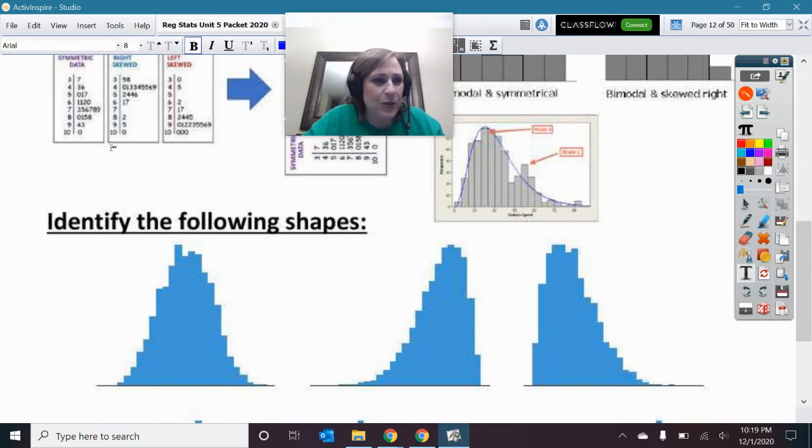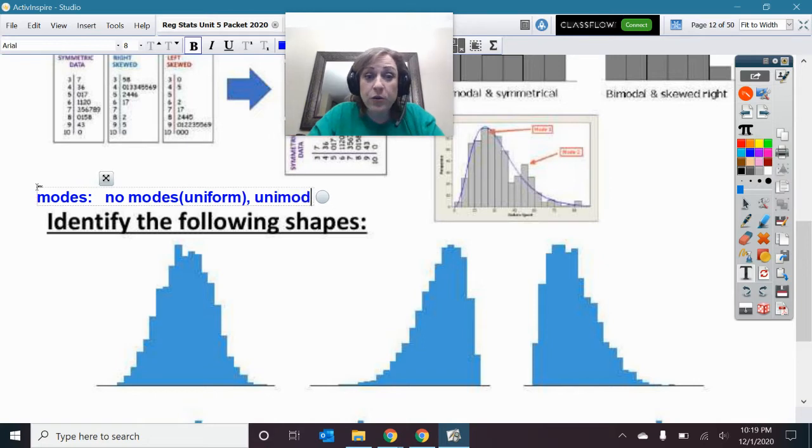If you think about it this way, we've got some types of modes. Do we have no modes? You know what has no modes? Something that's uniform. Do we have one mode? Do we have two modes? Or do we just say multimodal?